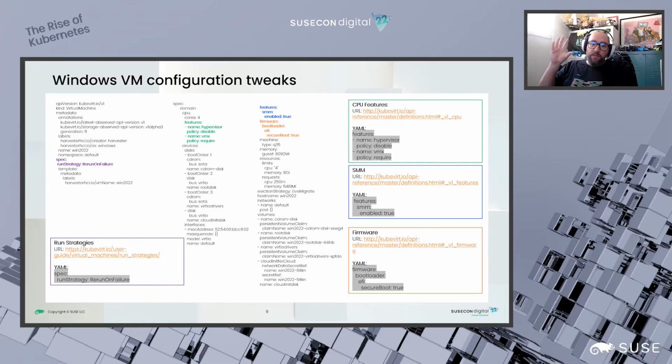We can have the UI of Harvester that is really conforming and being useful from your point of view to create these VMs and manage them. One of the different features that we changed was the run strategy here that you can see in violet, it's rerun on failure.